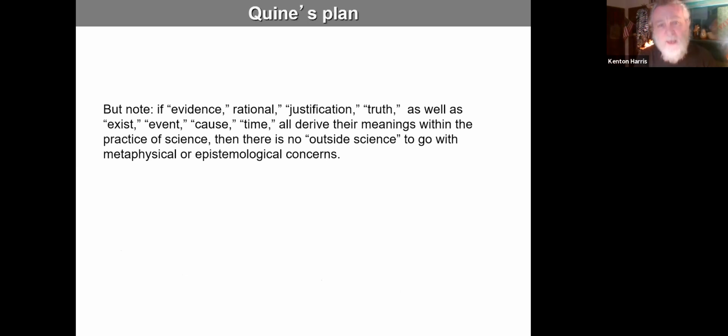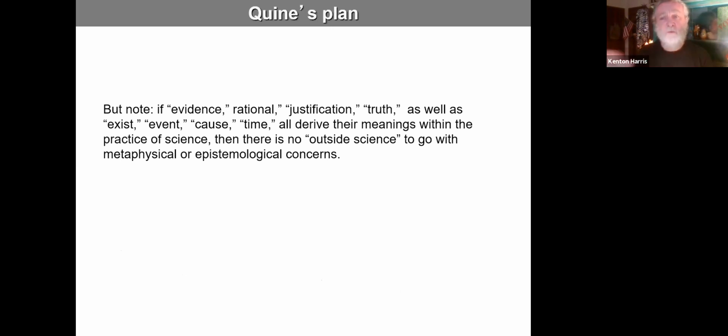But note, if evidence, rational, justification, truth, as well as exist, event, cause, time, all derive their meaning within the practice of science, then there is no outside science to go with metaphysical or epistemological concerns.